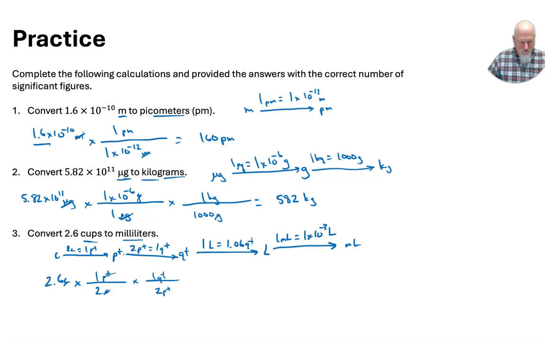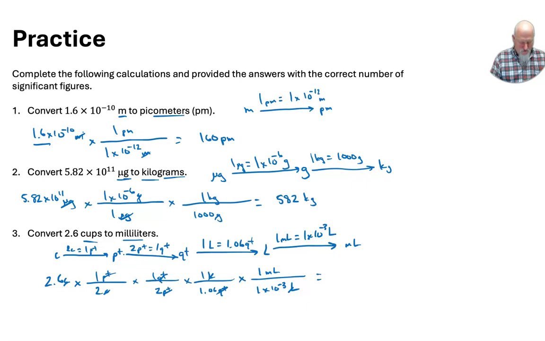Pints cancel. Now I go to liters. 1 liter is 1.06 quarts. Quarts cancel. 1 milliliter is 1 times 10 to the negative 3 liters. Liters cancel. And I've got milliliters. Each step I cancel a unit.